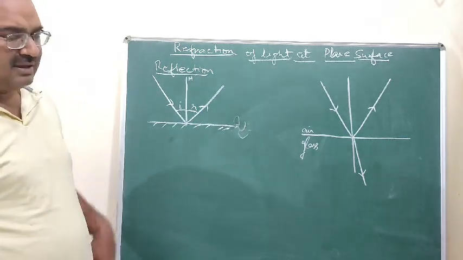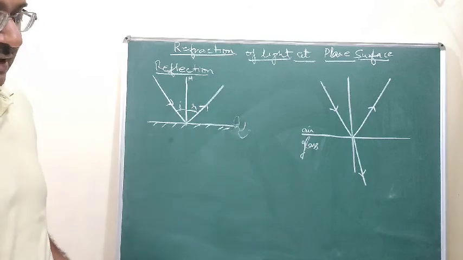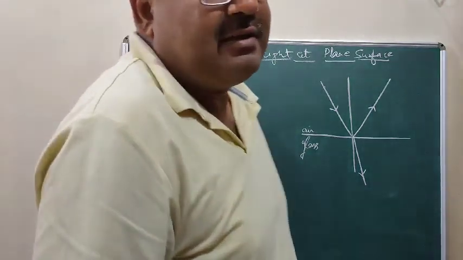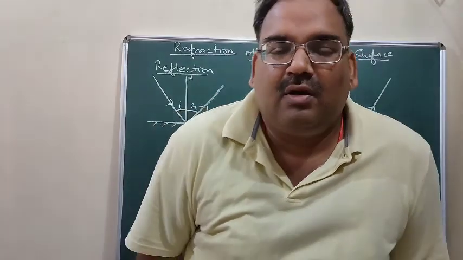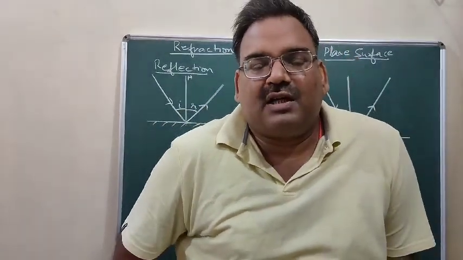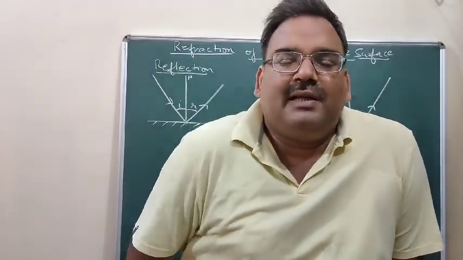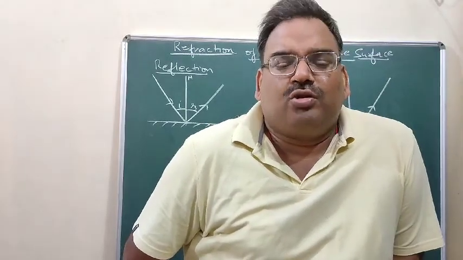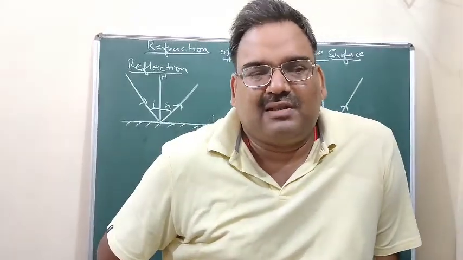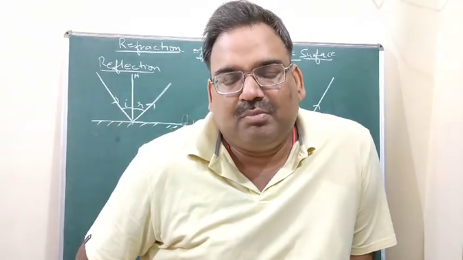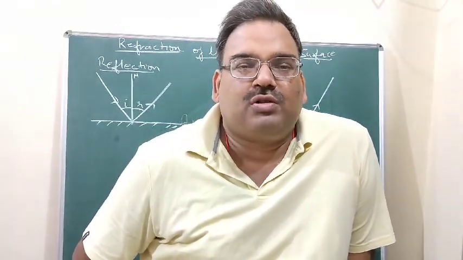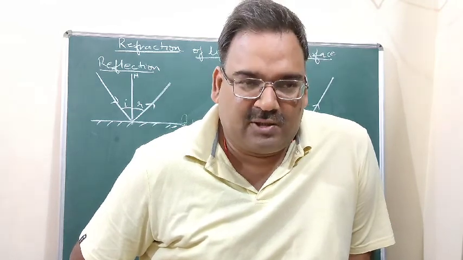Then we come to another phenomenon that we are going to start. When a ray of light passes through a transparent medium, it shows two phenomena simultaneously. One, you can see through that transparent medium, and the second, you can also see your partial image.